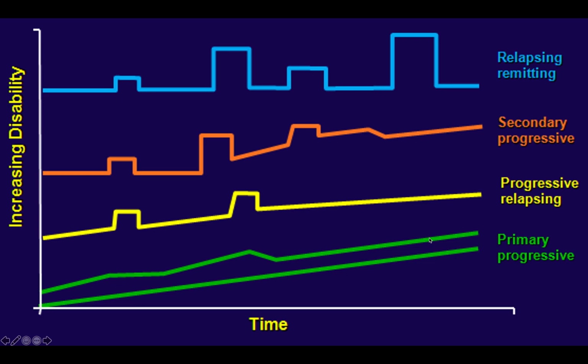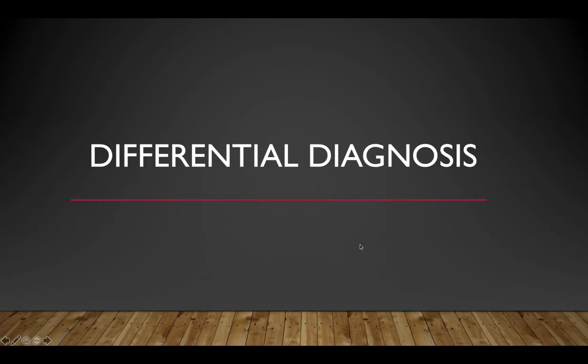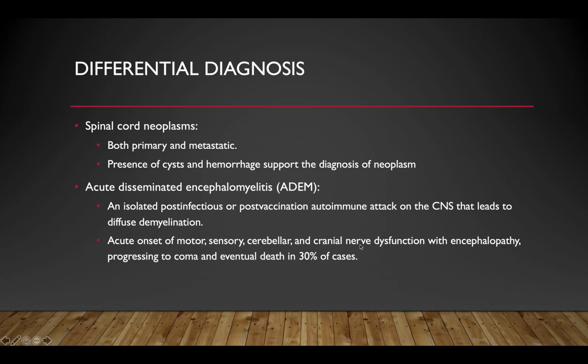So, what are the differential diagnoses? We have spinal cord neoplasm, either primary or metastasis. Presence of cyst and hemorrhage supports the diagnosis of neoplasm. So when there is cyst or hemorrhage, we can include the diagnosis of neoplasm.